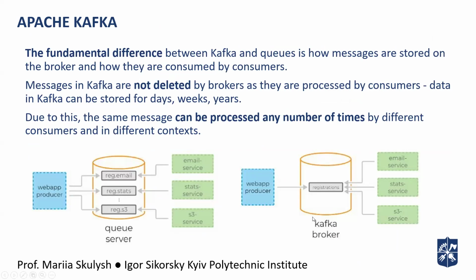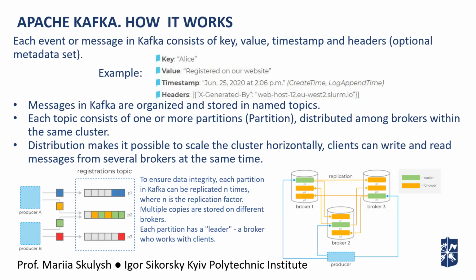So a Kafka broker is not only one server, it's a group of servers where different elements make different work from one side and store different information, or the same information, but for different consumers. Just a minute. I will tell you step by step.